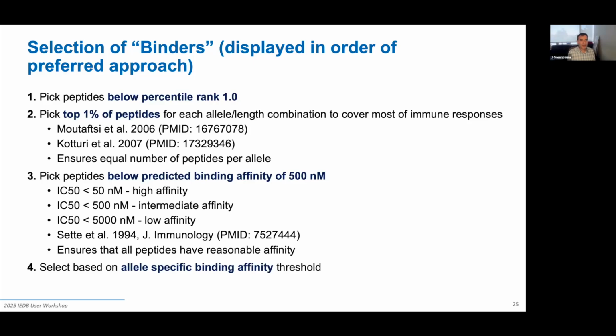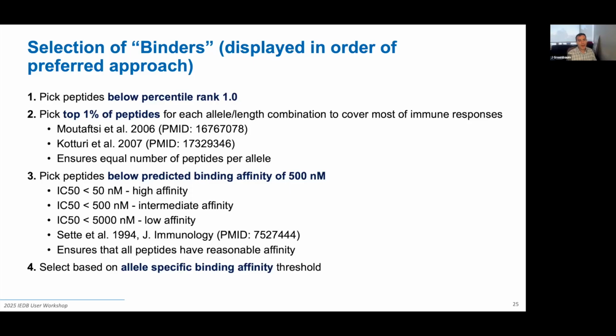And that'll give you an equal number of peptides per allele. You can also use a hard cutoff, such as 500 nanomolar, which has kind of been the classically defined intermediate binding affinity for MHC class 1. And by selecting a hard cutoff like that, that will ensure that all of the peptides have a reasonable affinity.